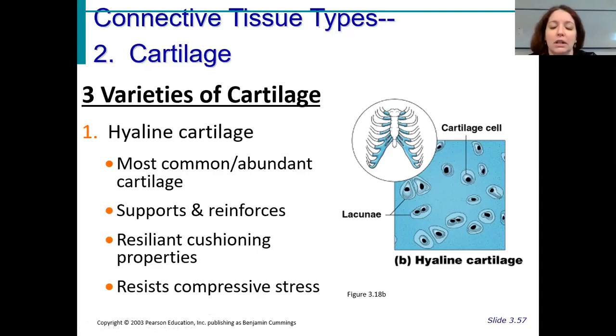It cushions your delicate organs and resists compressive stress. Now, as we know, when you're doing CPR, you can actually break those pieces of cartilage. You can break the ribs, so it doesn't resist 100% of stress, but it does have the ability to recoil in CPR, to compress and recoil, and it does do the protective functions that it's supposed to.